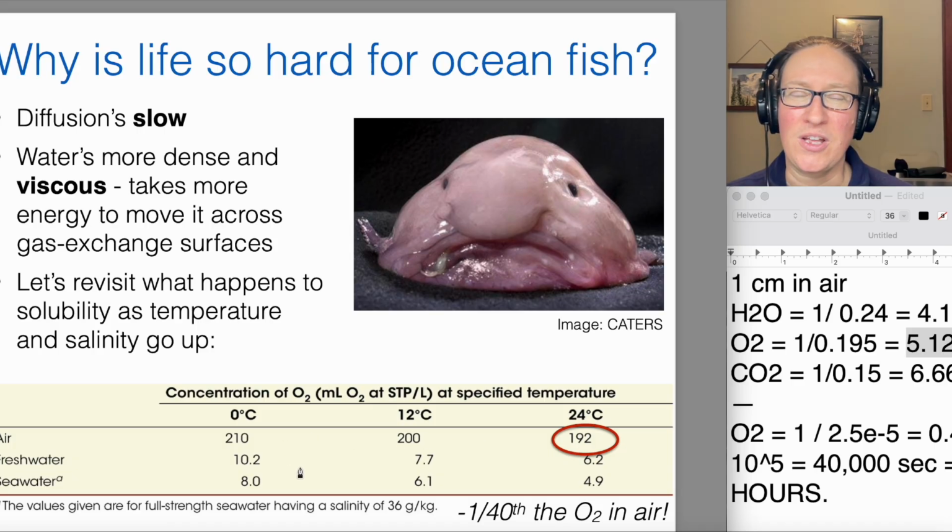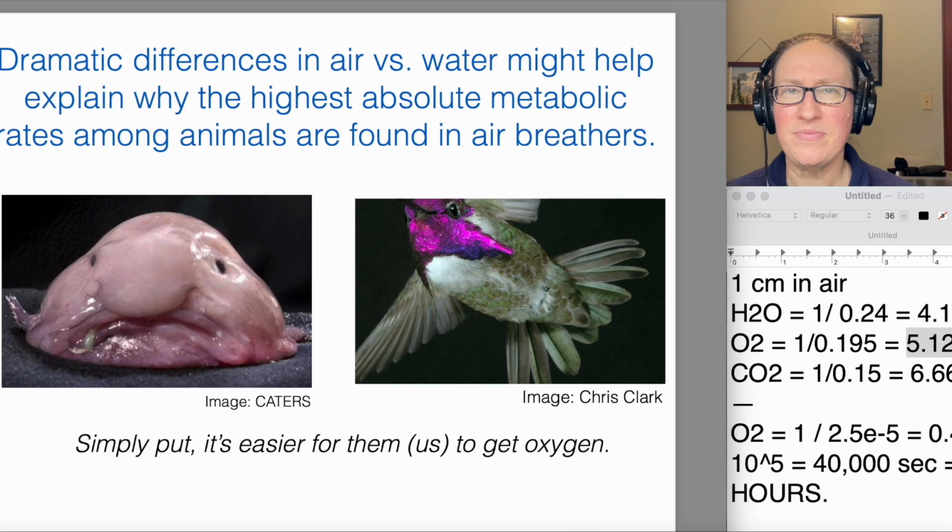Right, and the concentration of oxygen drops as temperature and as salinity increase, right? And if you do the math, you'll see that the concentration of oxygen in seawater is just 1/40th of the concentration of oxygen in air, right? So that's going to make it just more challenging to survive if your survival is dependent on making sure that you can get access to energy.